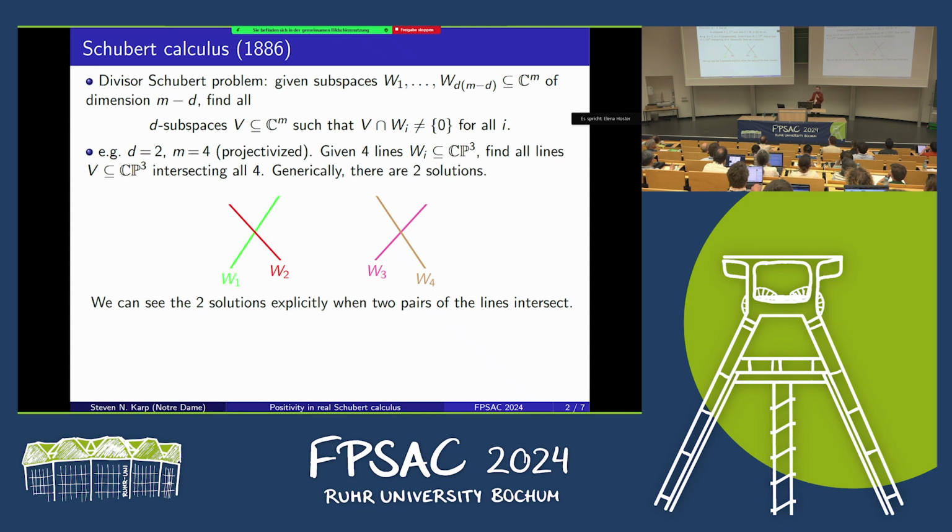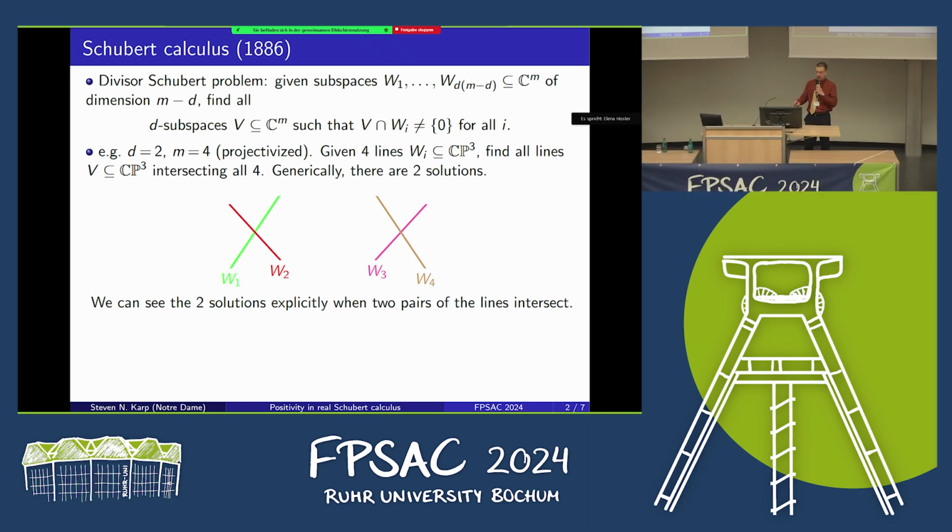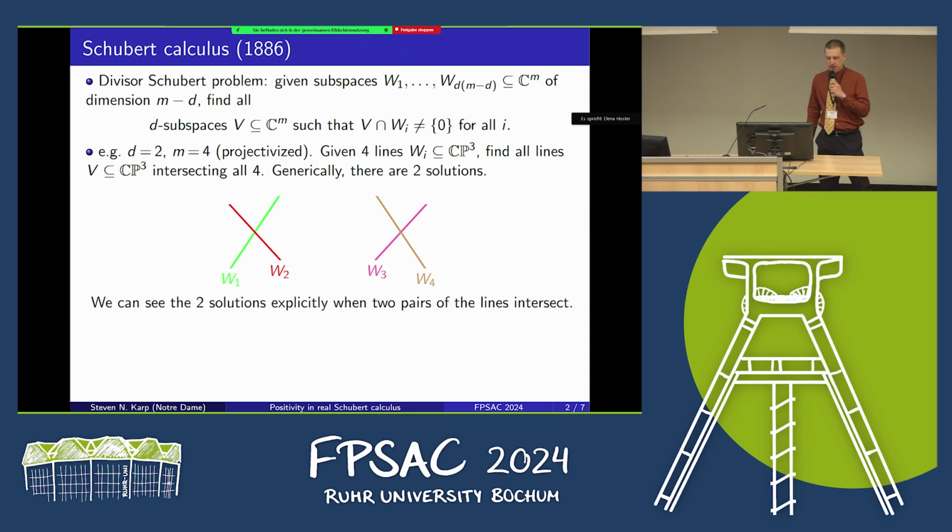If we take a hyperplane not passing through the origin and project everything to this hyperplane, then our two-dimensional subspaces of C^4 will become lines in three-dimensional projective space. And so the problem is, given 4 lines, where 4 is d times m minus d, so given 4 lines w_i, we want to find all lines v which intersect our 4 given lines. And generically, there are always 2 solution lines over the complex numbers.